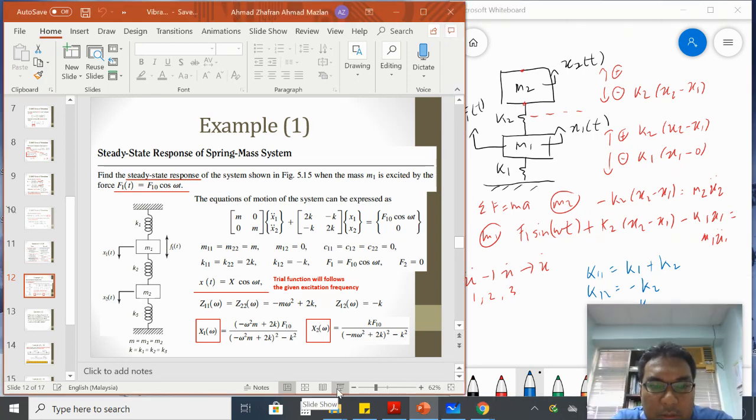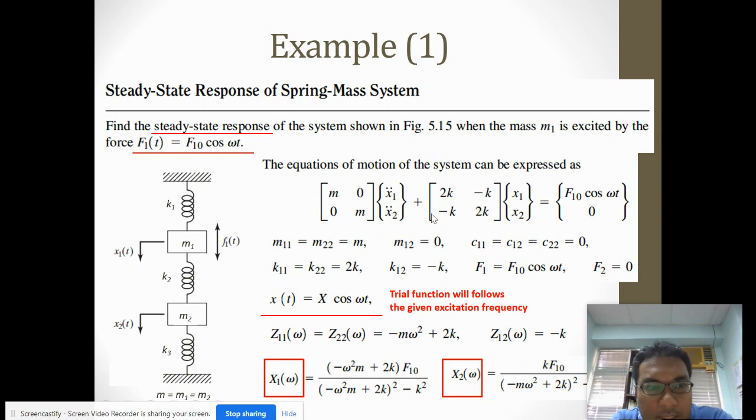Okay, so from this, another thing is that the force is given by cosine, so you must have a trial function of cosine. The trial function will follow the given excitation frequency. So for this one, m11 is equal to m22 is equal to m.